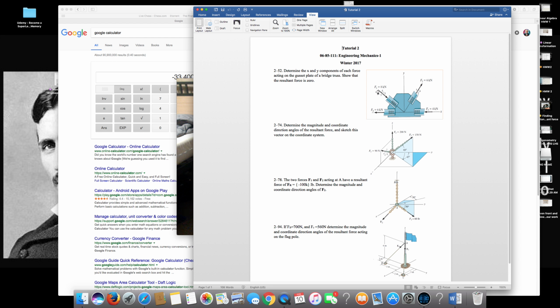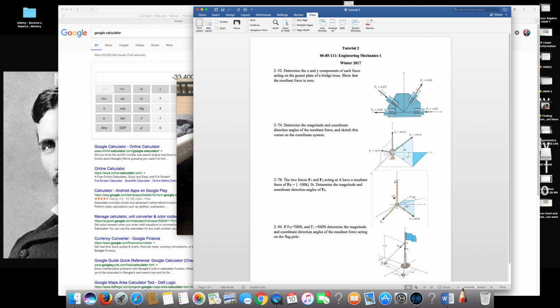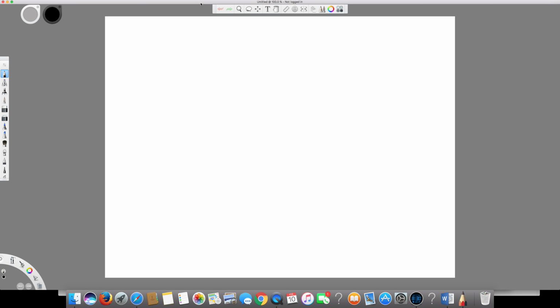So here we go. This is the diagram they have given us, and we have to show that the resultant force of this is zero. So first of all, I have to draw the diagram again. So in this case, I'm going to take this sketchbook. Okay, here we go.